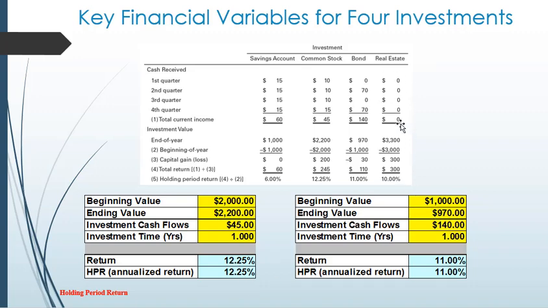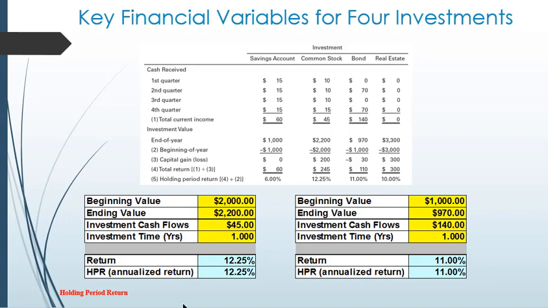Likewise, if you look at the investment in bonds, we'll see that actually the ending value was less than the beginning value. We have a capital loss, but we had positive cash flows, more cash flows than what the investment cash flows were for the stocks. So we ended up with an 11% rate of return.